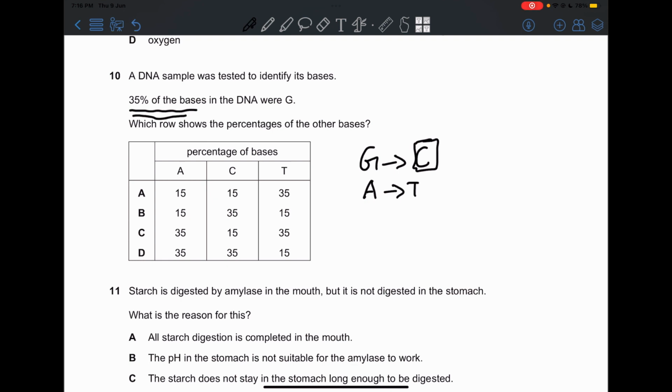Over here, we know that in B, C has 35%, so 35% and 35% make 70%. And we need, of course, the other remaining 30%, which is going to be the A and the T.